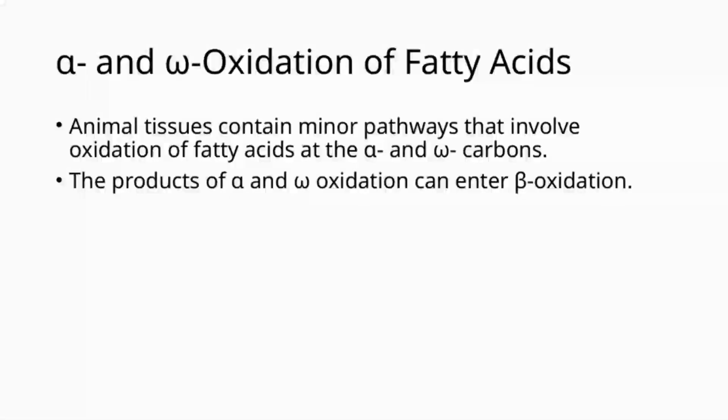The products generated from alpha and omega oxidation can actually enter the beta-oxidation pathway, contributing to energy production. Specifically, alpha-oxidation occurs near the carboxyl end of the fatty acid, while omega-oxidation happens at the methyl end. These processes help in breaking down fatty acids that might be resistant to beta-oxidation or are already partially oxidized.